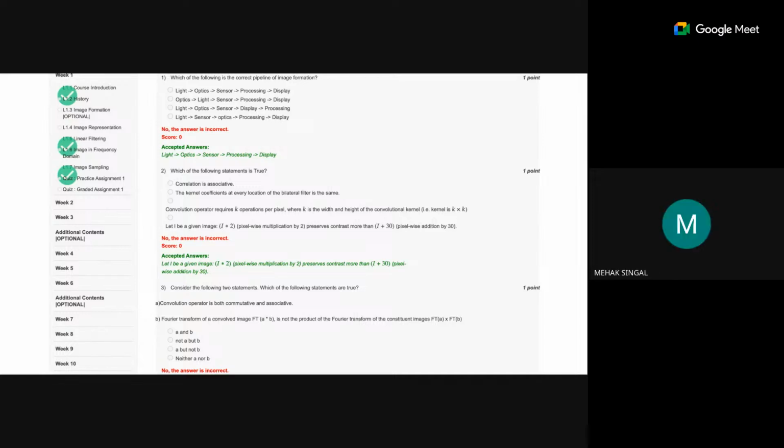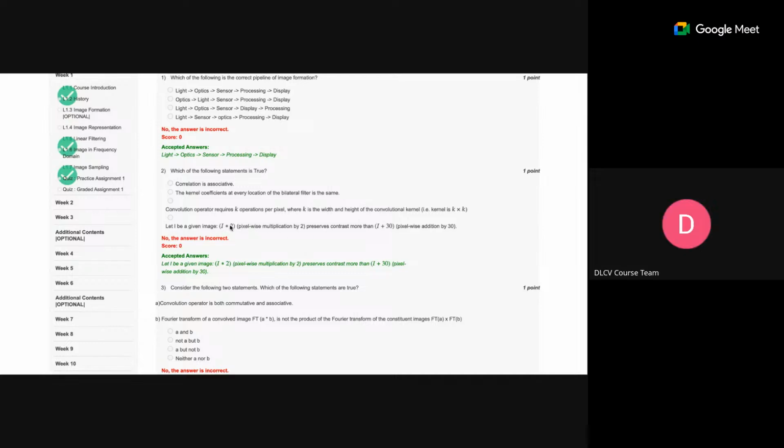So if you do I times 2 and I plus 30, which will preserve the contrast more? Times 2.